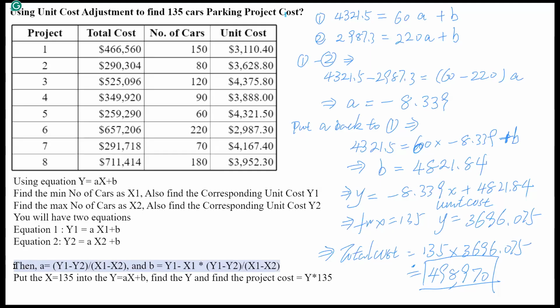Oh, you went to 3 decimal points, so I got a different answer because I went to 4 decimal points. It's fine. Your A should be 8.33886, right?